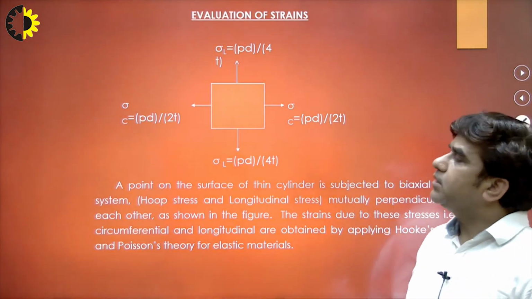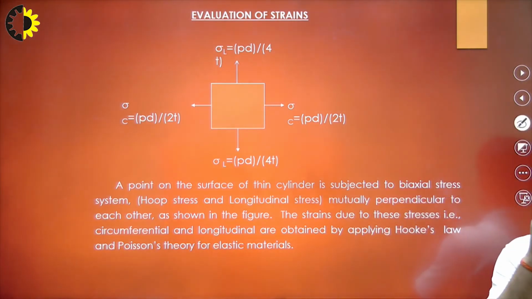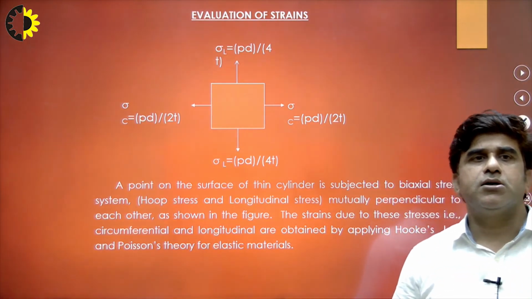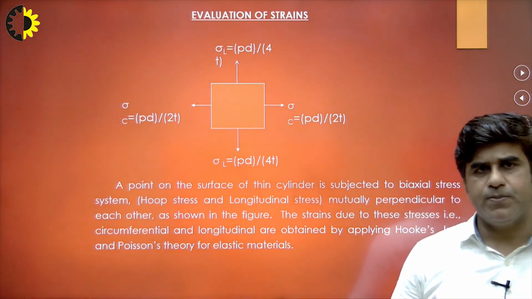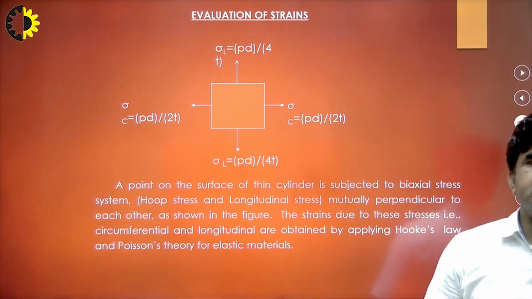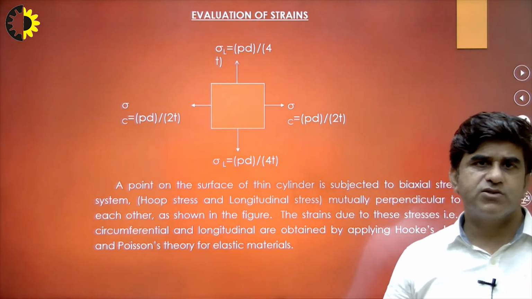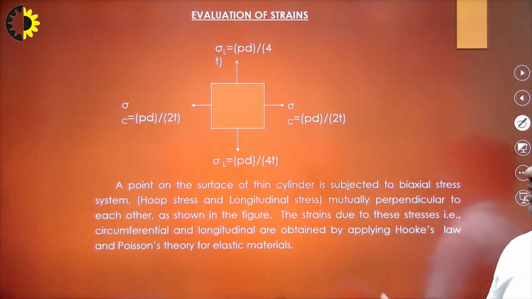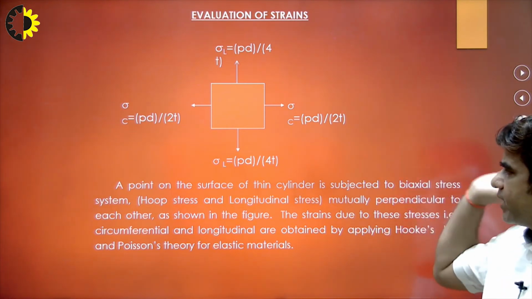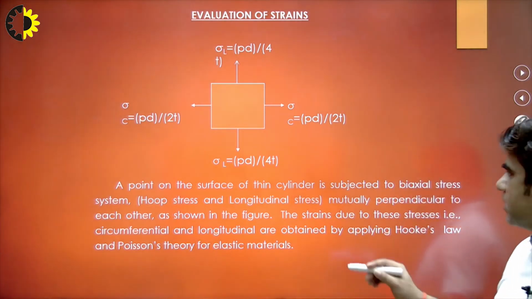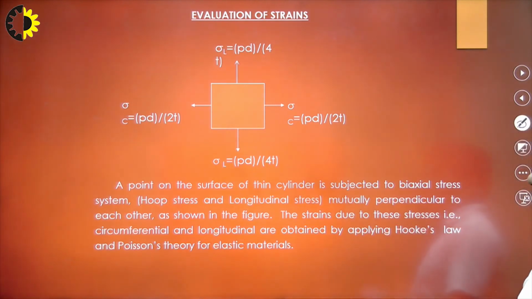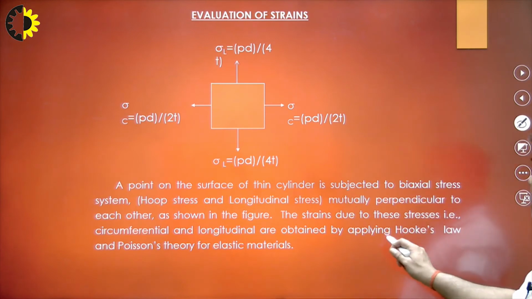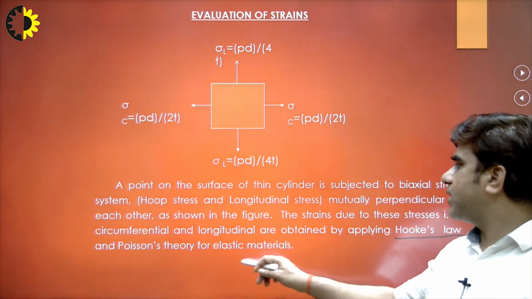Now, evaluation of strains. Since the material is under a biaxial stress system, one is hoop stress and one is longitudinal stress, and these two stresses are mutually perpendicular, as shown in the figure. Then the strains due to these stresses, that is circumferential and longitudinal strain, are obtained by applying Hooke's law and Poisson's theory for elastic material.